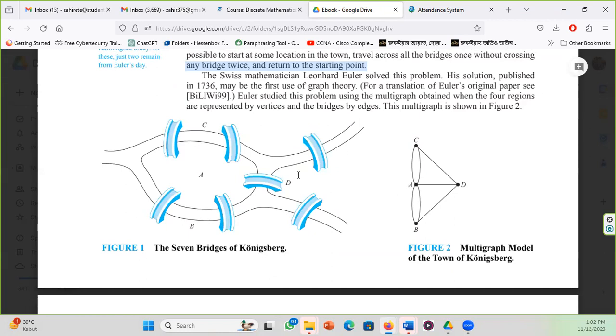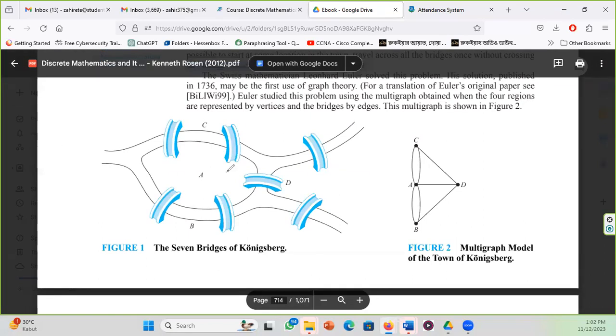Okay. How? For example, if I start from D, this, then this. Possible?